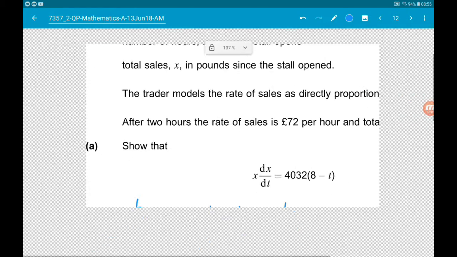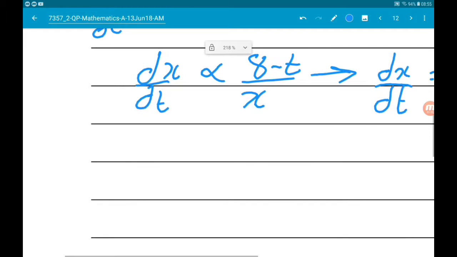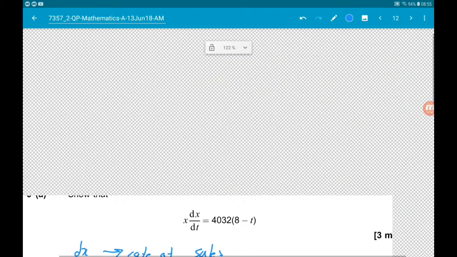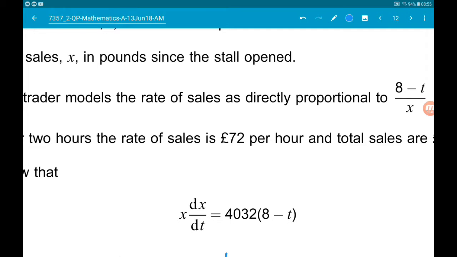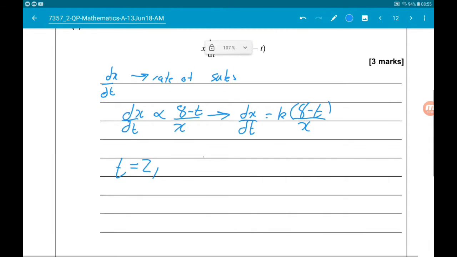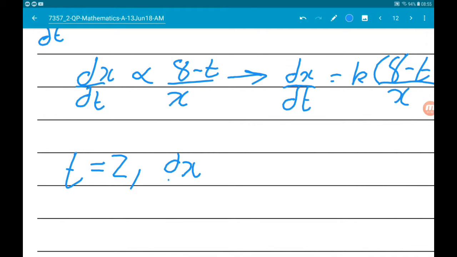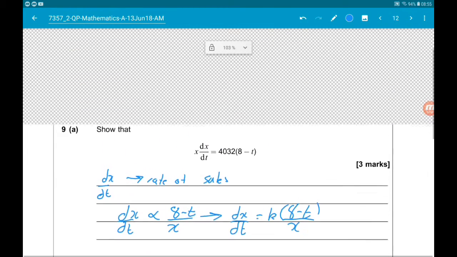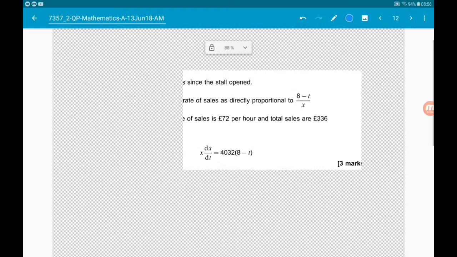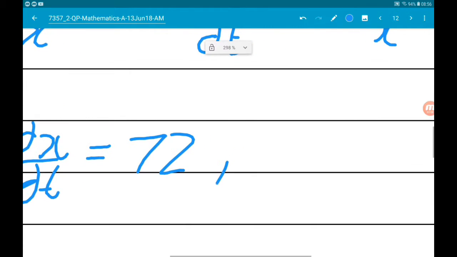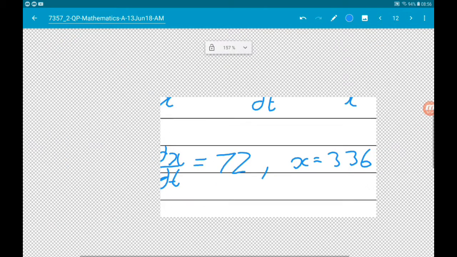After 2 hours, so t is equal to 2, the rate of sales is £72 per hour, so dx by dt is 72, and the total sales were 336. So we can use these to work out the value of k.